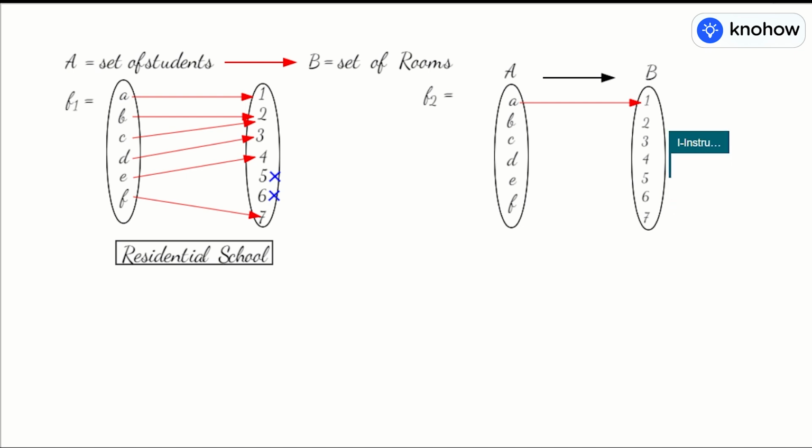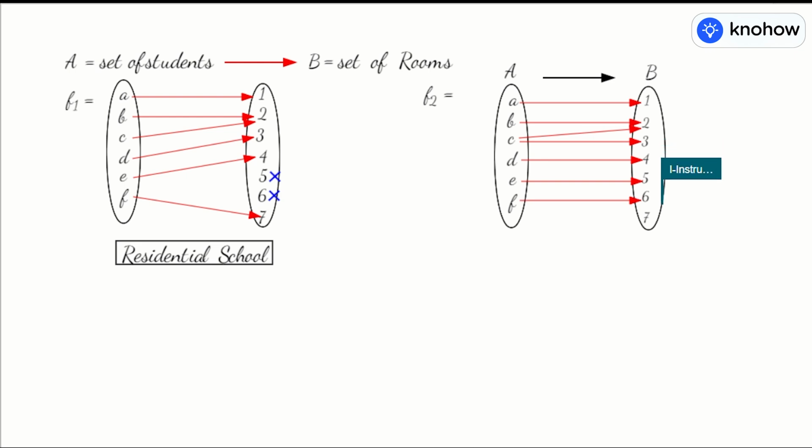A is given room number 1, B is asked to stay in room number 2, C occupies room number 2, C also occupies room number 3, D goes to room number 4, E is allotted room number 5, and F is given room number 6. Of course, room number 7 is vacant.